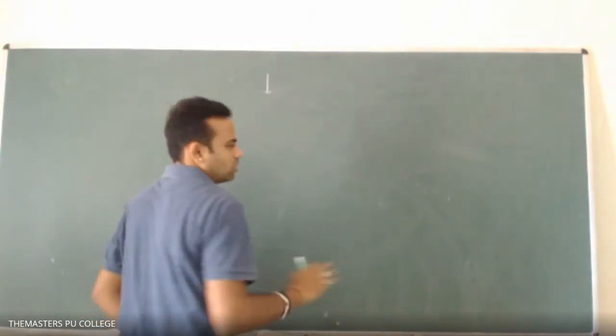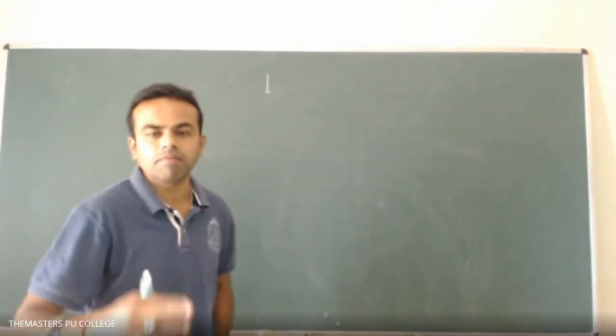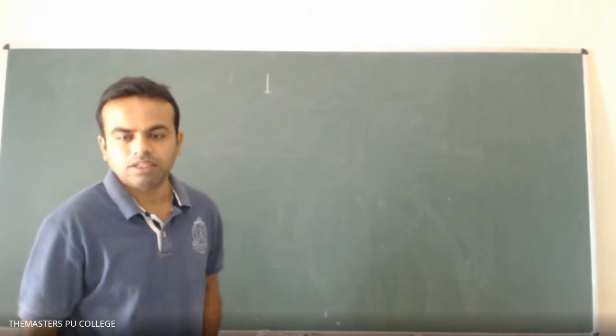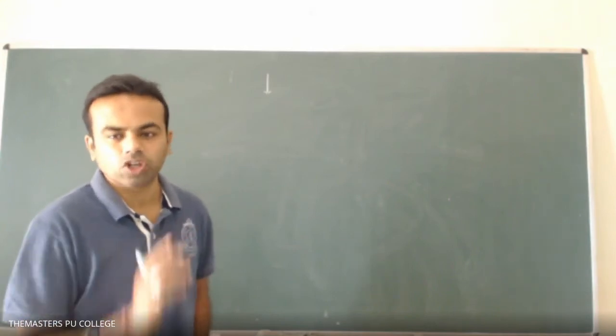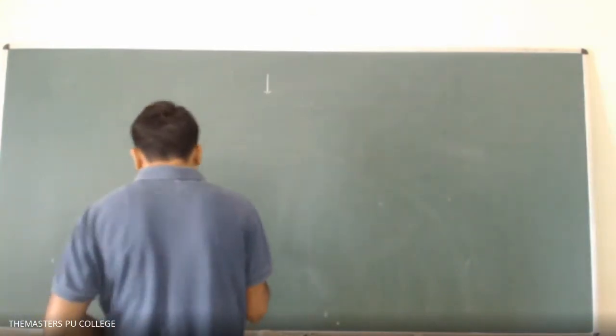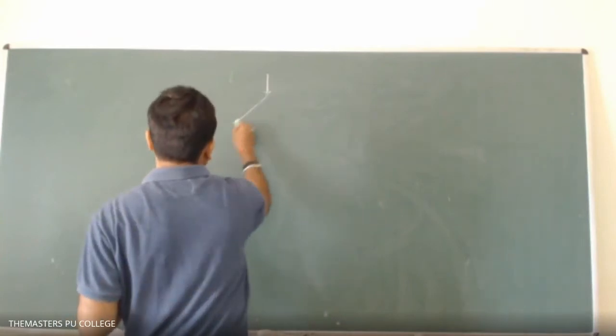For all decision making, selection structure, or any conditional statement, we write a rhombus in the flowchart. It is simple.